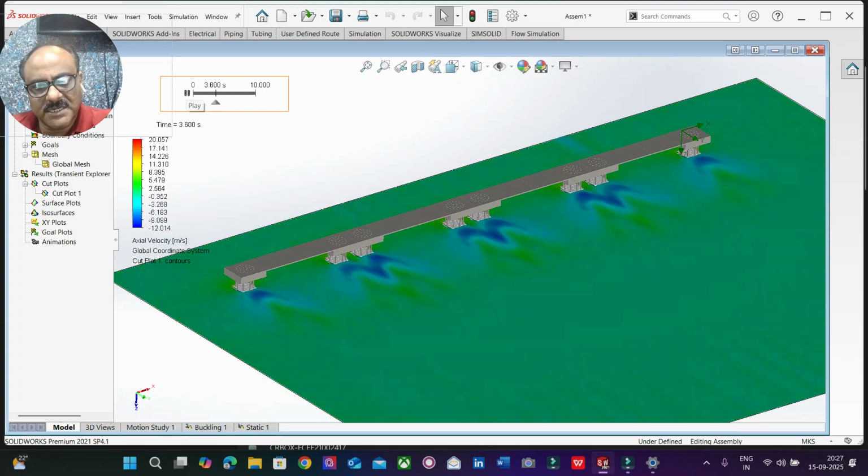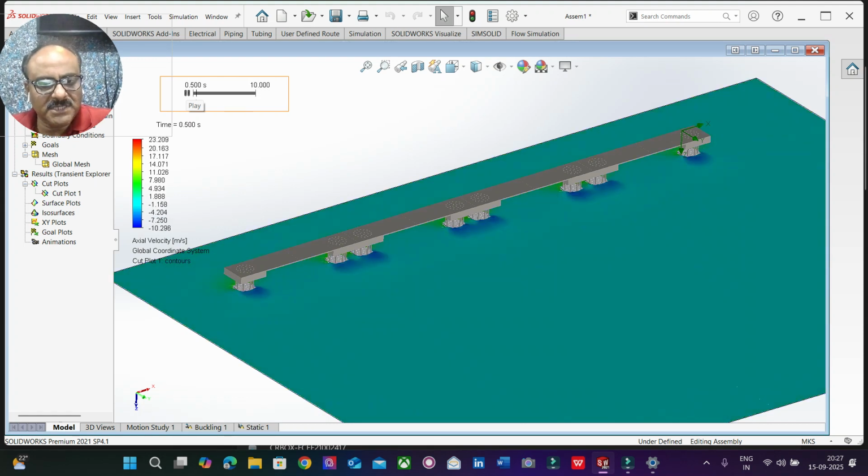When we are designing the structures, we are going to define that this particular structure has to sustain the flow, which is about this much meter per second. Now the total size of the bridge, the total number of piers which is going to be on the foundation.